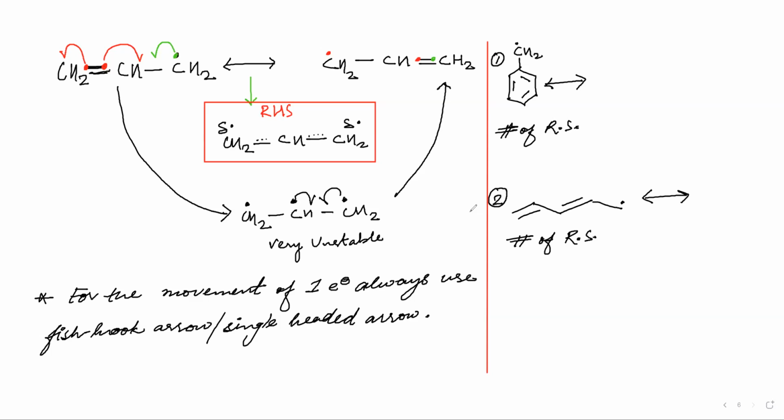I mean, 4 more resonating structures, correct, Jubana? You're trying to say 4 more resonating structures, correct? Yes, sir. And if I include this one also, it will be 5. Total will be 5 and 4 more. What about the second one?